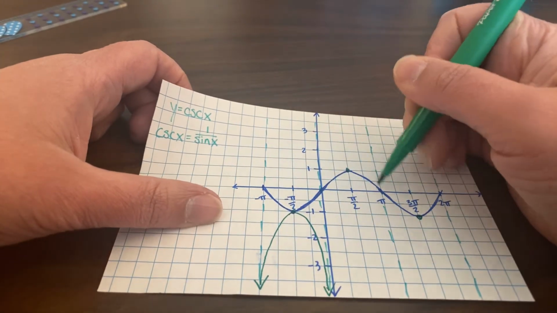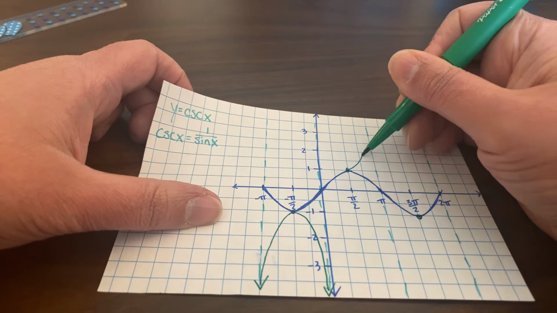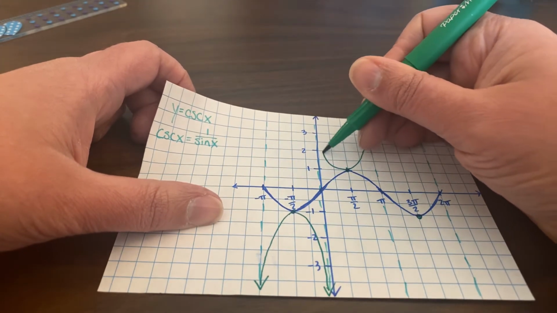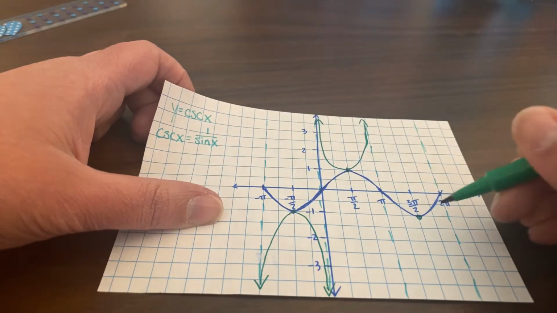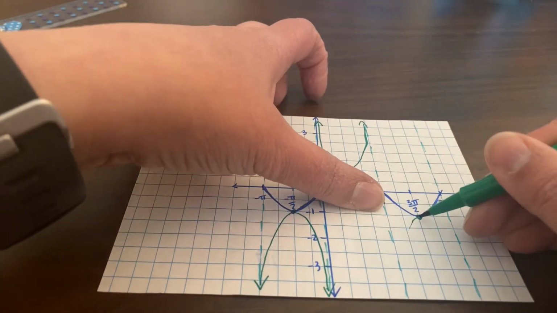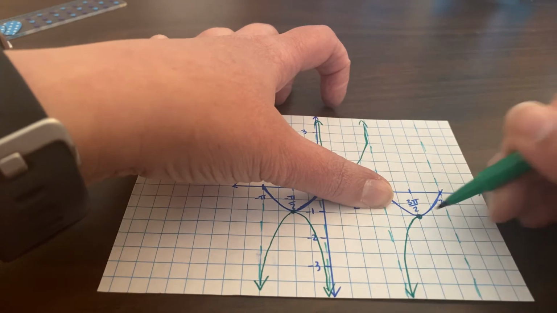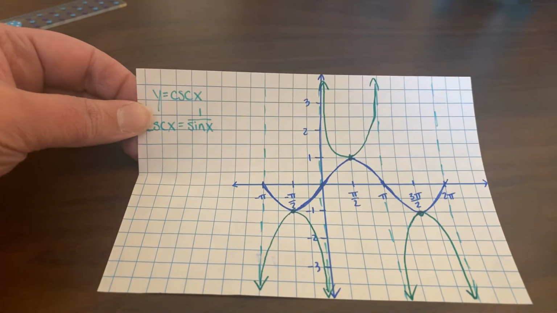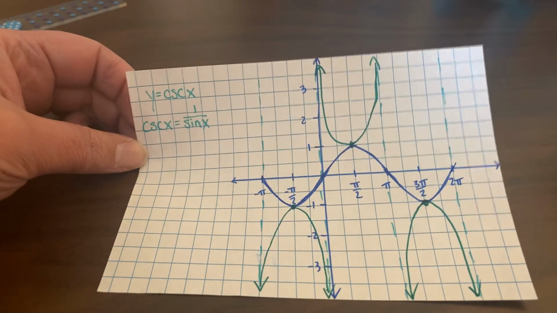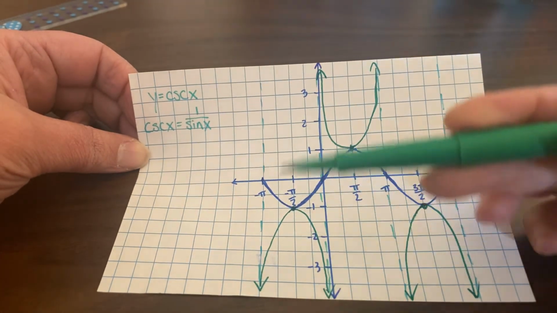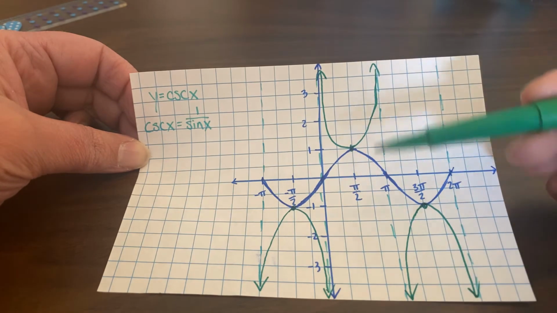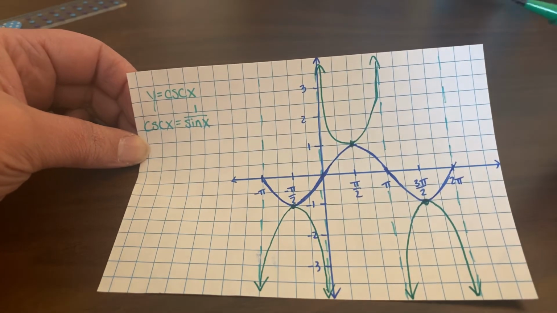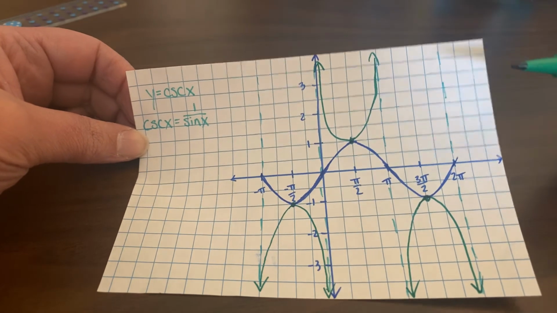And here the sine function is positive, and so the cosecant will also be positive. And we'll do that down here as well. So it is periodic. The asymptotes occur at -pi, 0, positive pi, 2 pi, 3 pi, etc. So plus or minus pi's.